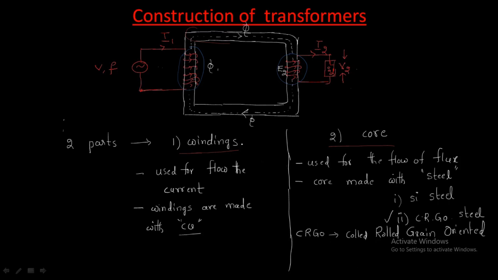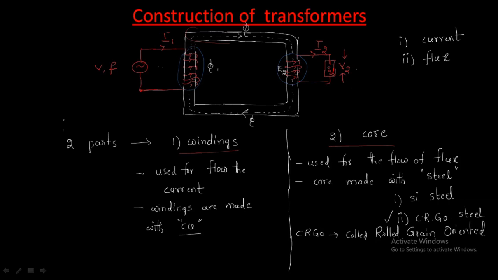Understand? In any transformer, two things are important: first the current flow, and second the flux flow. From the supply, the power flows as electrical power. Whenever it enters the winding, the electrical power is converted into a magnetic field.